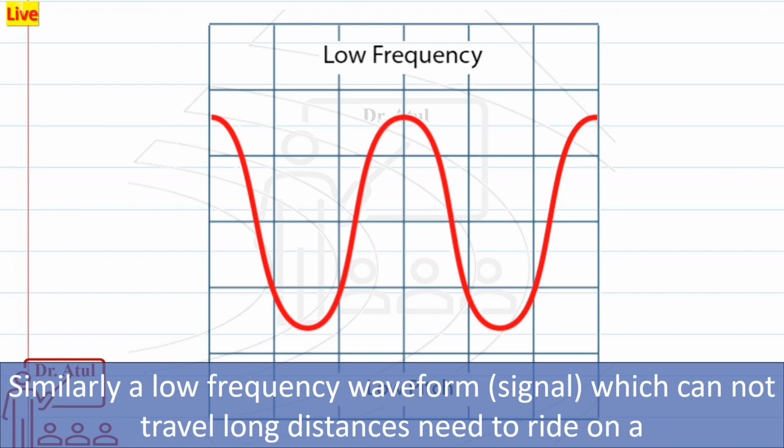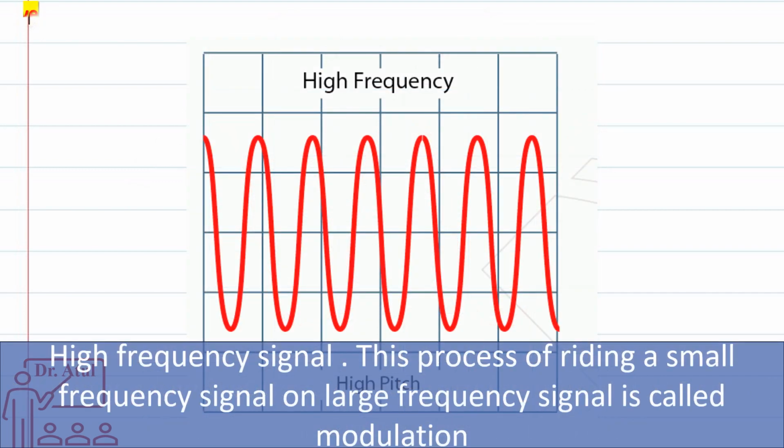Similarly, a low frequency signal which cannot travel long distances needs to ride on a higher frequency signal. This process of riding a small frequency signal on a large frequency signal is called modulation.